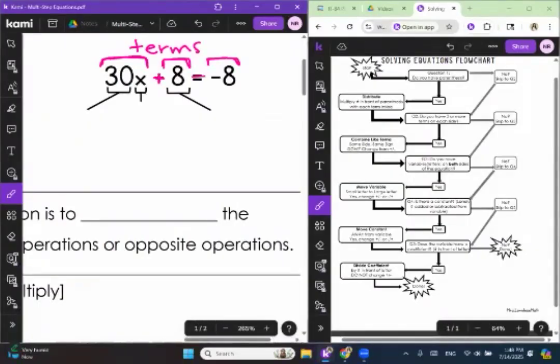Since we are solving equations, it can now also be split by an equal sign. The letter is called a variable. The number in front of that letter is the coefficient. And a number without a letter is our constant. Now, technically, this -8 is also a constant, but that's not one that we end up moving, so I don't want to get in the habit of labeling that one.